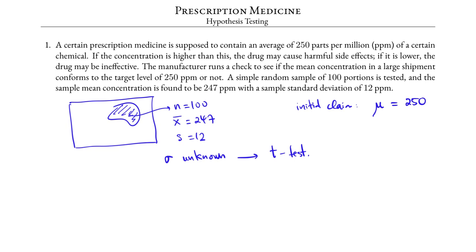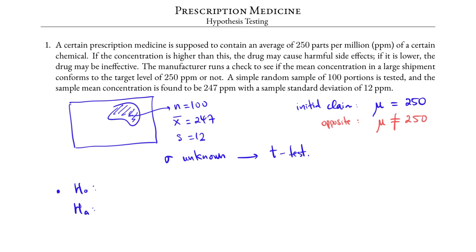The first step is to state the hypotheses, the null and the alternative hypothesis. Remember that the null hypothesis is a statement of indifference. To do this, we first write the initial claim and the opposite of the initial claim. The opposite of equal is not equal to, and so the opposite is mu not equal to 250.